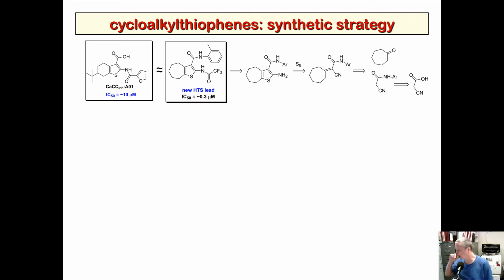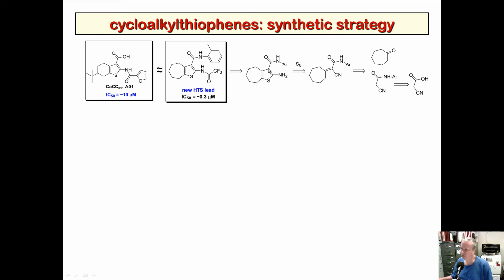Anyway, retrosynthetically, it's a pretty straightforward synthesis. You can envision clipping off the trifluoroacetamide and attaching it with like an acid chloride or an EDCI coupling or something like that. S8 is the reagent that we use to build the thiophene.